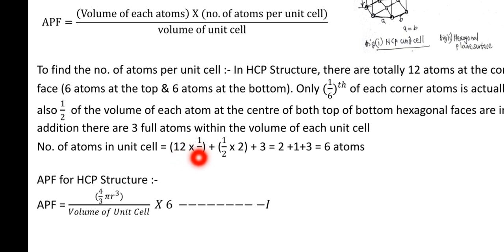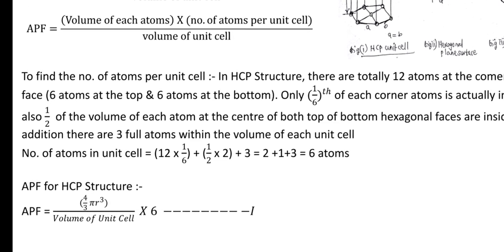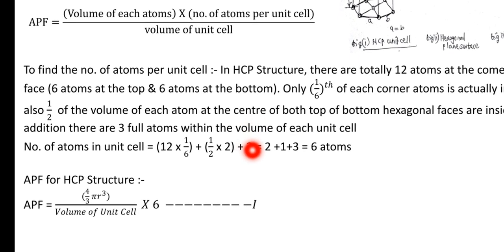Therefore 12 into 1 by 6, plus there are two central atoms, one on the top face, one on the bottom face. It is assumed that 1/2 portion of each central atom lies inside the unit cell. Therefore 1/2 into 2, plus in the central plane there are 3 atoms, and all those 3 atoms lie in the unit cell. Therefore 2 plus 1 plus 3, that is equal to 6.